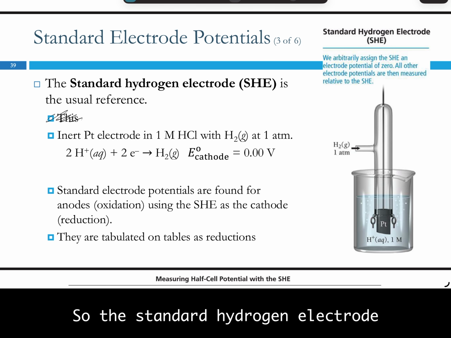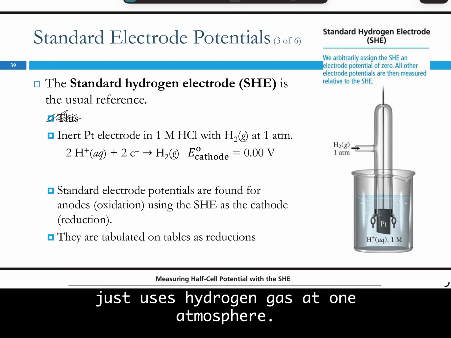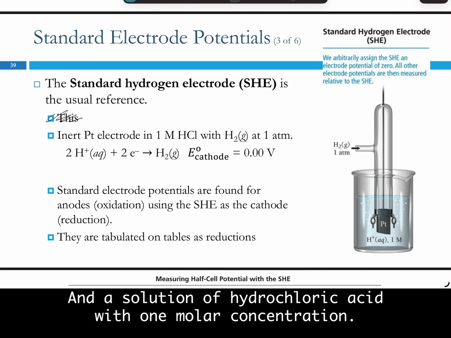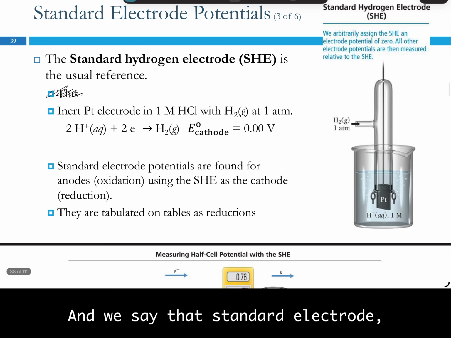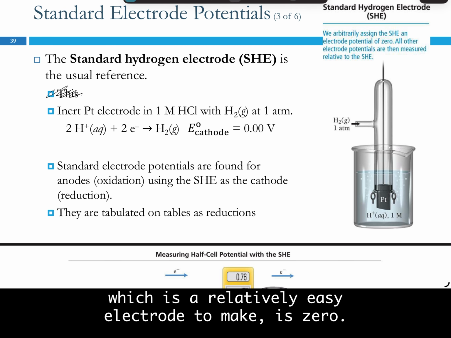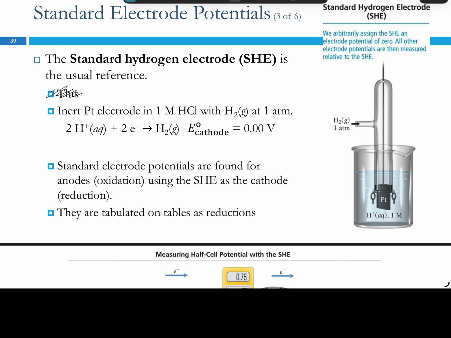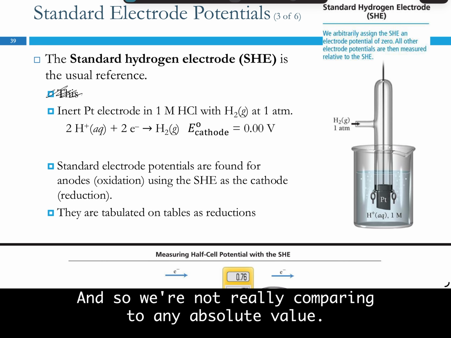So the standard hydrogen electrode just uses hydrogen gas at 1 atmosphere and a solution of hydrochloric acid with 1 molar concentration. And we say that standard electrode, which is a relatively easy electrode to make, is 0. And so we're not really comparing to any absolute value.